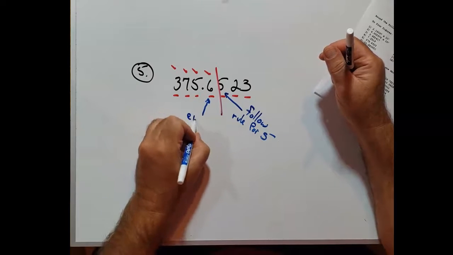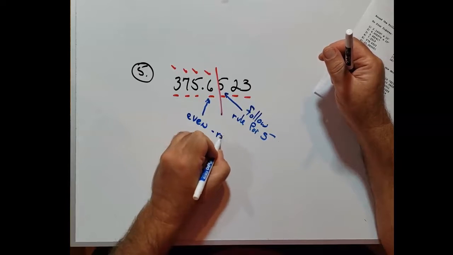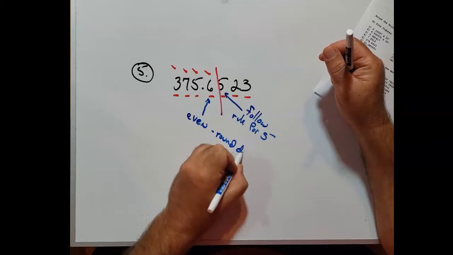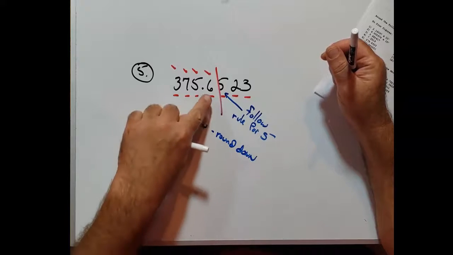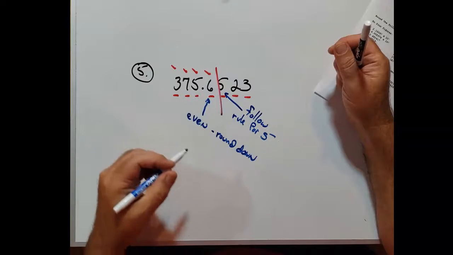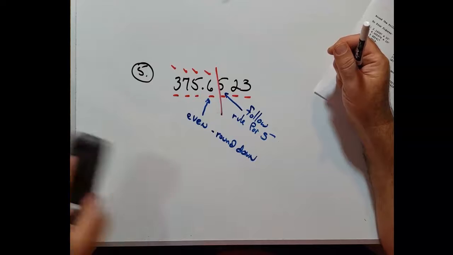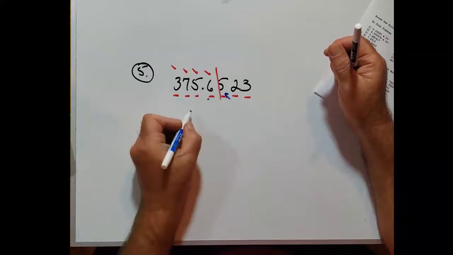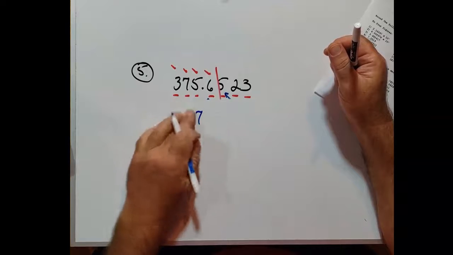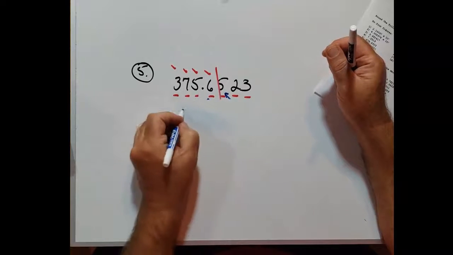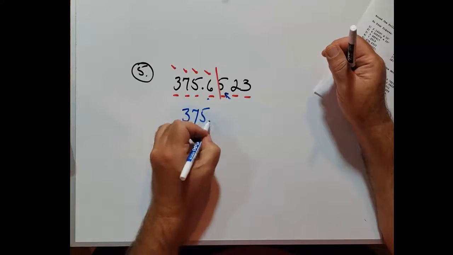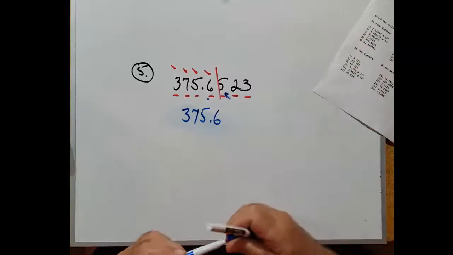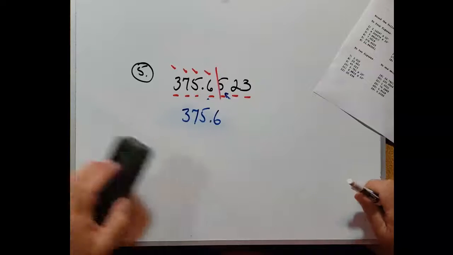If it's even, we round down. So the 6 remains a 6, in other words. So the answer would be 375.6. Okay.